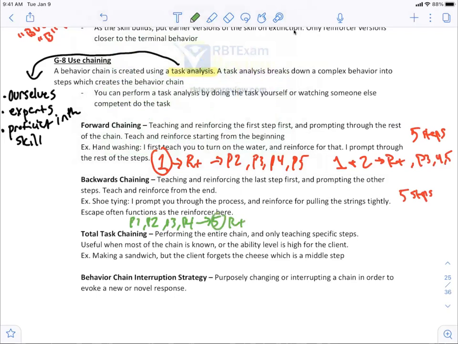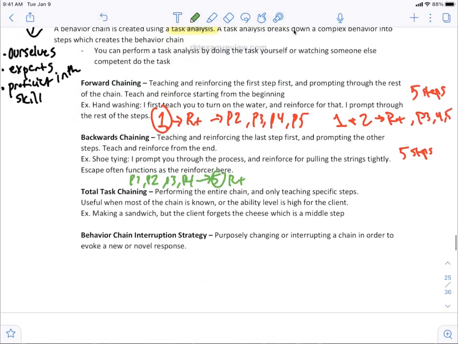Make sure you understand that, right? So we're in forward chaining. First step needs to be done for reinforcement, and we prompt through the rest. Backwards chaining, we prompt through the whole chain. Last step needs to be done for reinforcement. Okay. Total task chaining. Okay. Again, 5 steps. 5 steps.